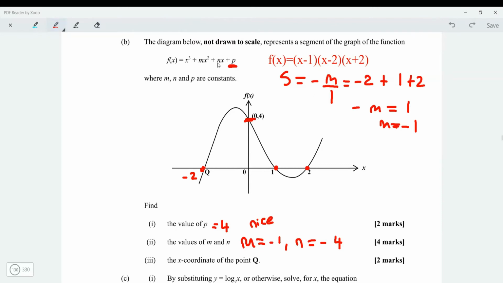We just need to remember those formulas and it's nice, man. And likewise, we do the same for n. We'd say that n over 1, which is c over a, is the sum of the products in pairs. That will have the three roots there. So it would be minus 2 times 1, plus minus 2 times 2, plus 1 times 2.